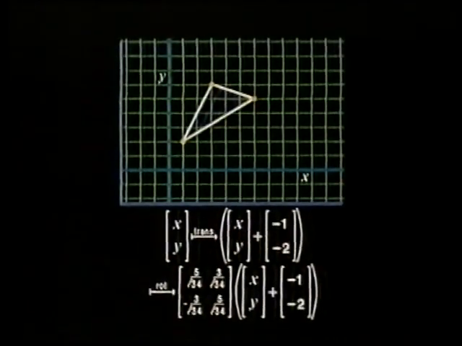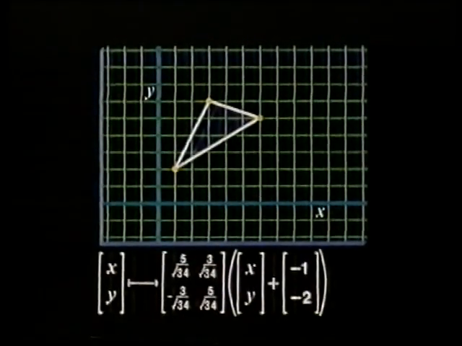Let's examine what we've done. We took our original vertex x, y and applied the translation. Then we obtained the rotation matrix and we were ready to apply it to the resulting vertex to obtain a final position. So our composite matrix transformation is this formula.